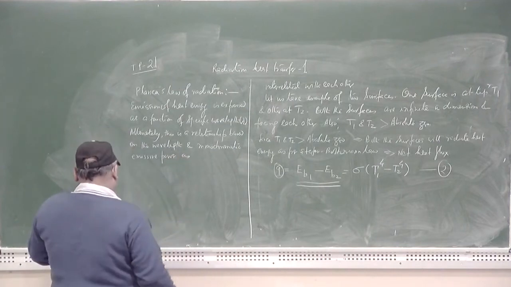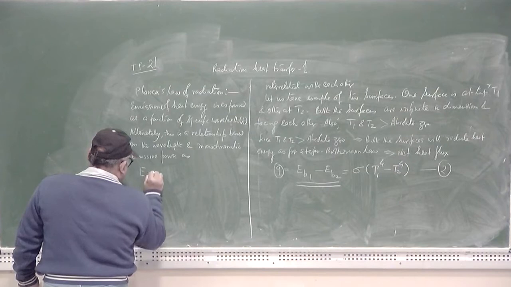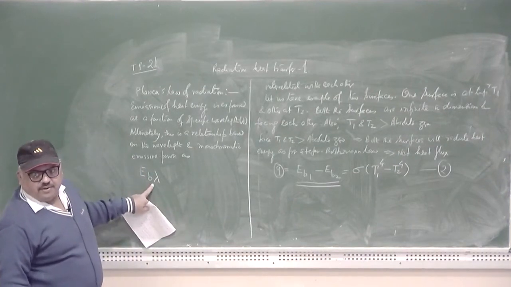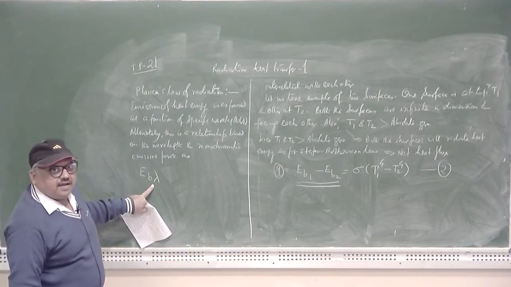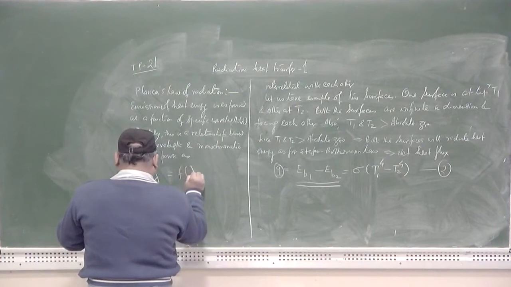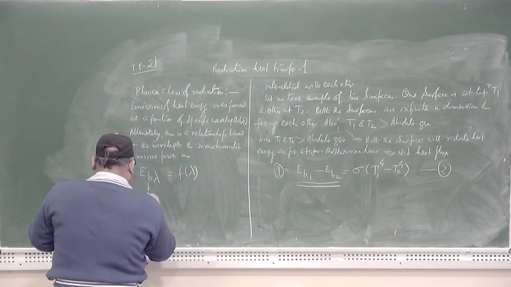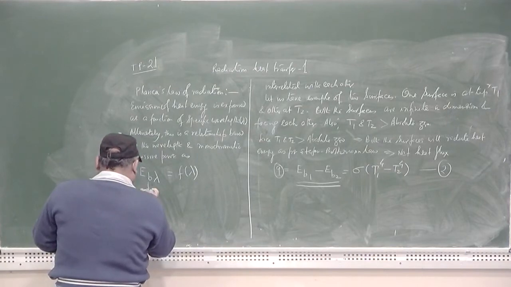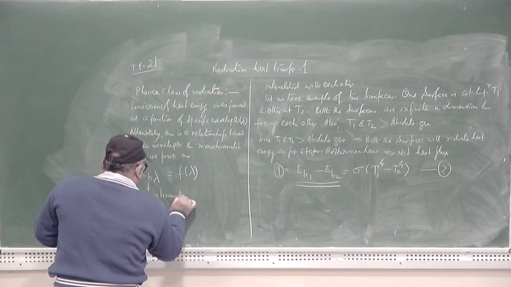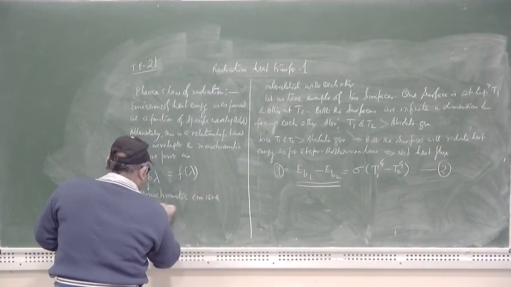As per the law, emissive power for a particular wavelength lambda, Eb lambda, is equal to a function of lambda, where this quantity Eb lambda is called the monochromatic emissive power.